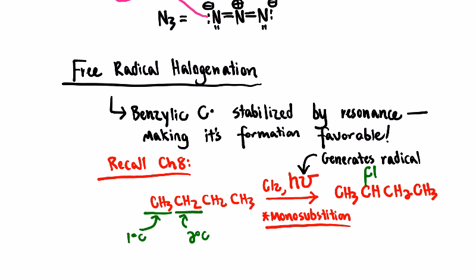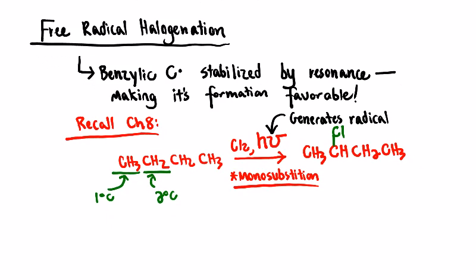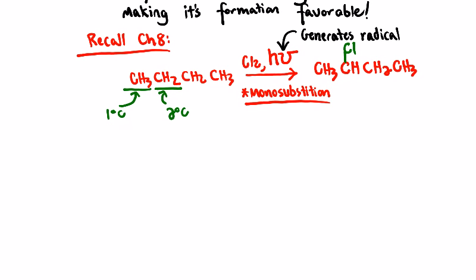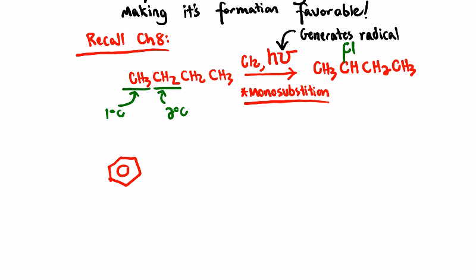We can do reactions very analogously here at the benzylic position, because similarly, we would be able to form radicals at the benzylic position relatively favorably because of the resonance stabilization, the delocalization of electrons at that position. So looking at our benzylic position carbon radicals, we'll go ahead here and take a look at propylbenzene.